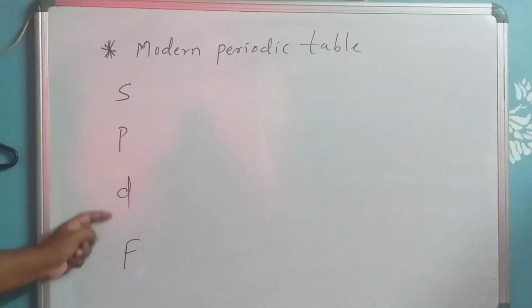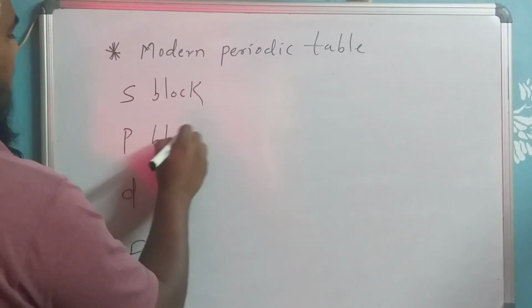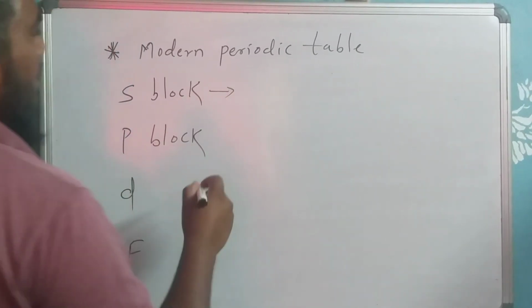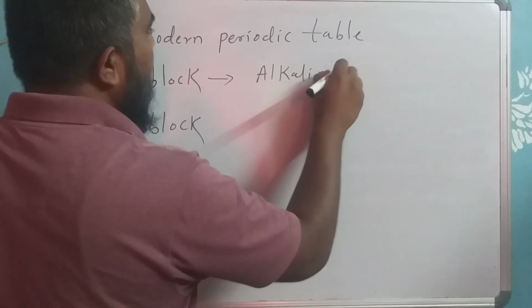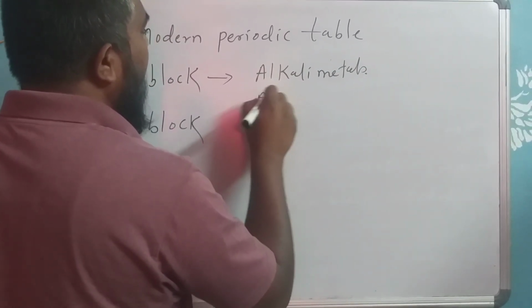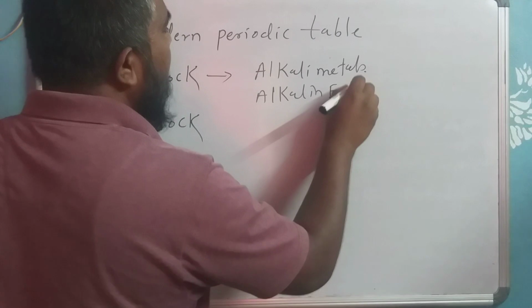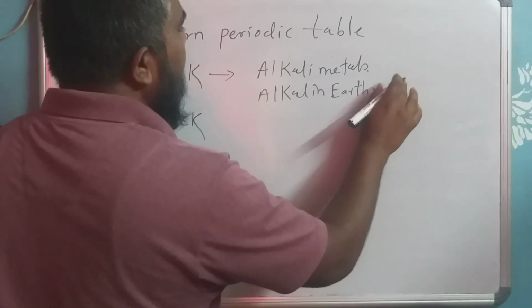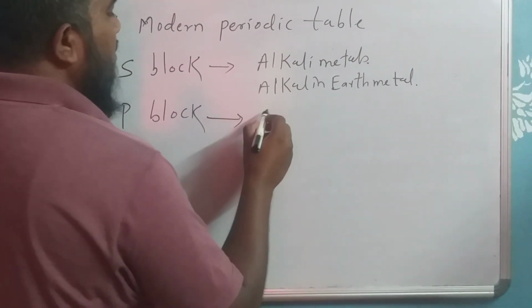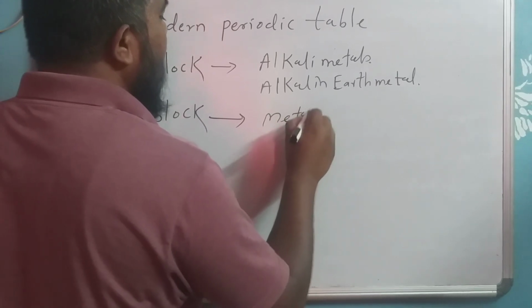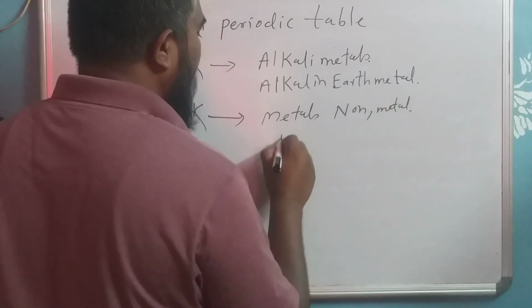Now these four blocks are present. S block contains alkali metals and alkaline earth metals. P block contains metals, non-metals and metalloids.